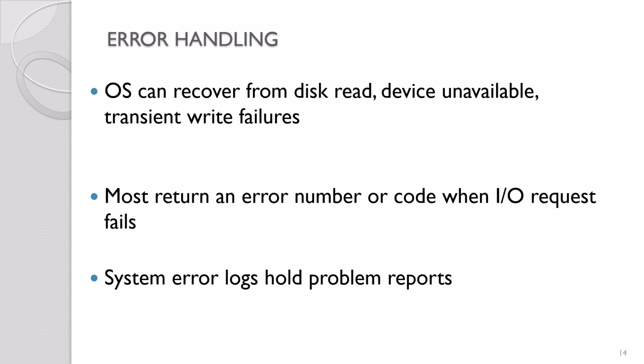Sometimes it will pop up and say we're going to send this out to the manufacturer so that they can possibly deal with the situation, or you're just going to have to recover from that error and start again. Different things have to happen, but the key point here is that the operating system needs to be able to handle errors that happen.